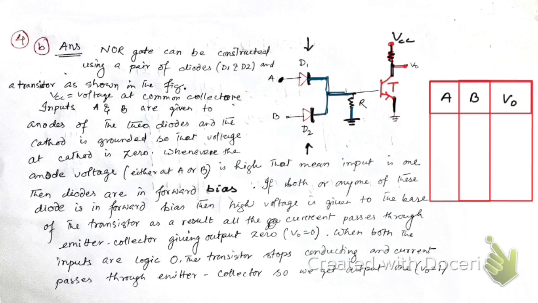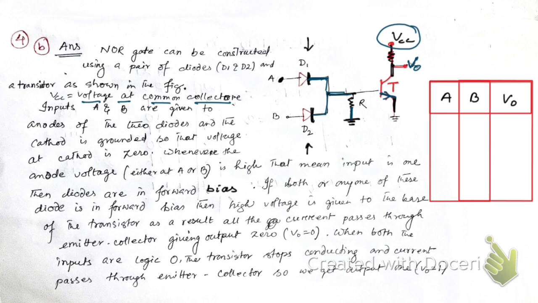When there is no potential, the input will be 0. And here we get the output, V0, and this is VCC, meaning voltage at common collector. This is the base of the transistor, and this is the emitter of the transistor. So you know these things.